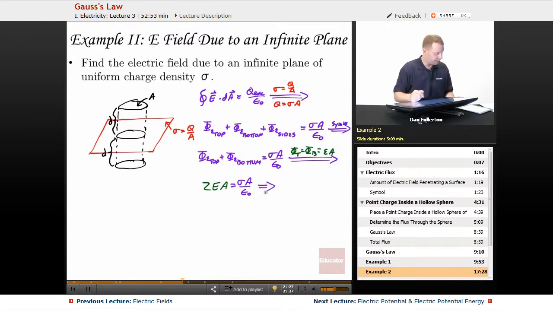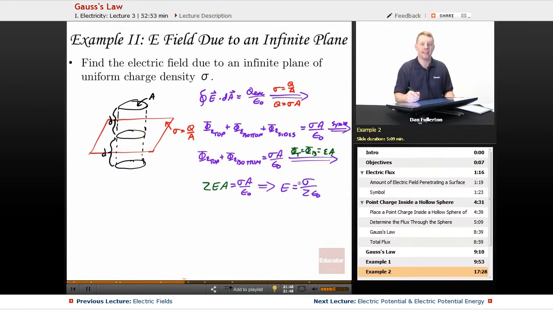Solving for the electric field, the electric field just equals sigma over 2 epsilon naught. There's no dependence whatsoever on d. And we've seen this before when we talk about infinite planes, infinite lines. Since it's infinite, really the only thing you're worried about is that surface charge density.